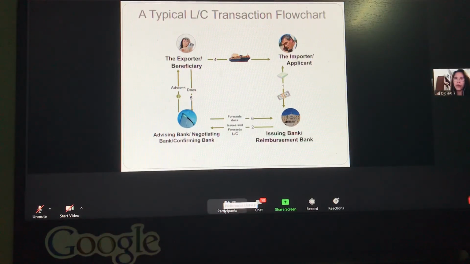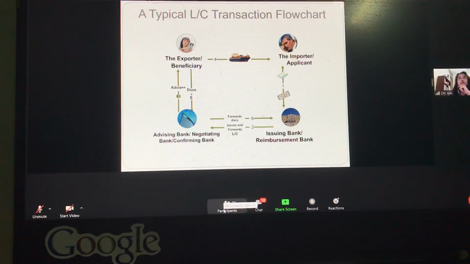Number 6, do you agree with her? The nominated bank becomes the negotiating bank when the exporter chooses this bank to negotiate the documents that they receive from the exporter. Okay, you, number 6.